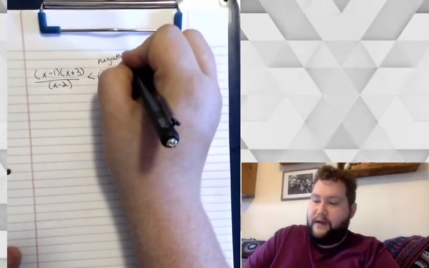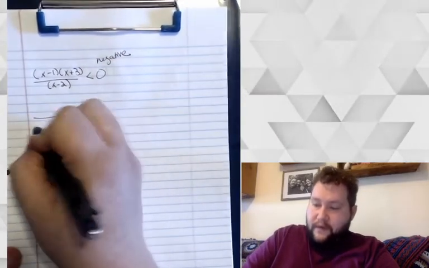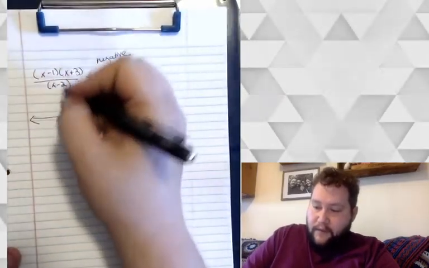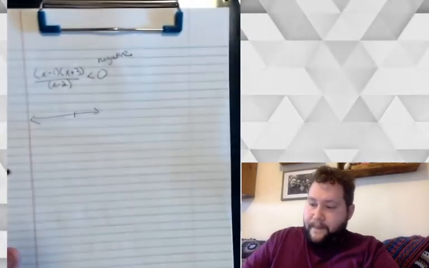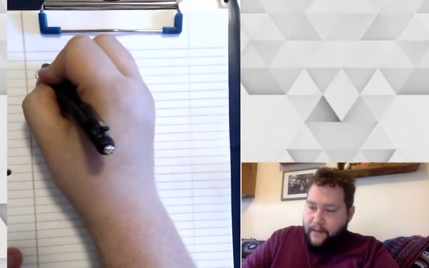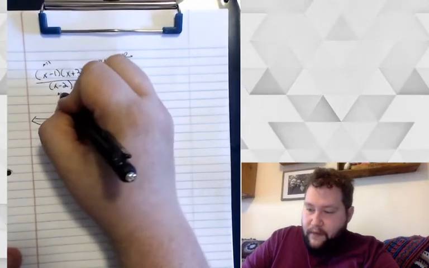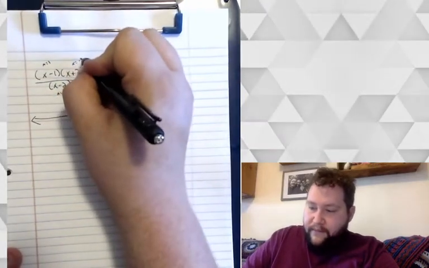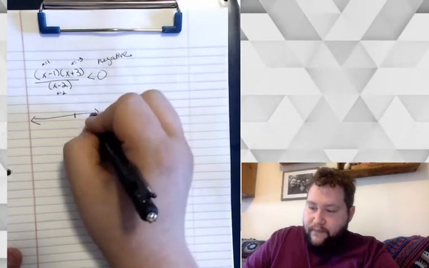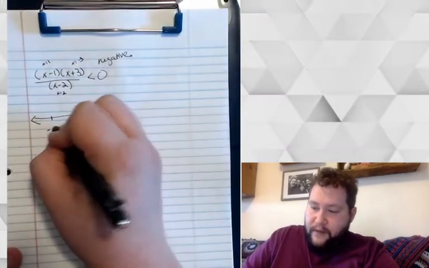So we need to find our zeros. So that's when x equals 1, when x equals 2, or x equals negative 3. Negative 3, 1, and 2.